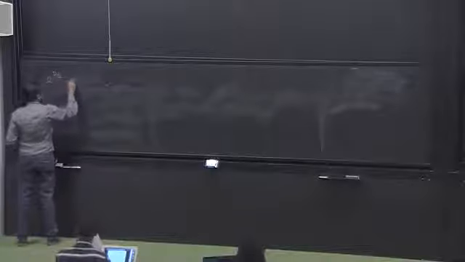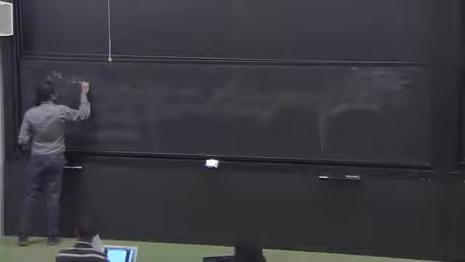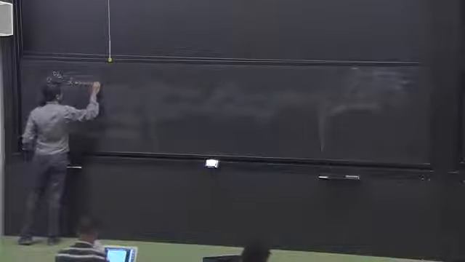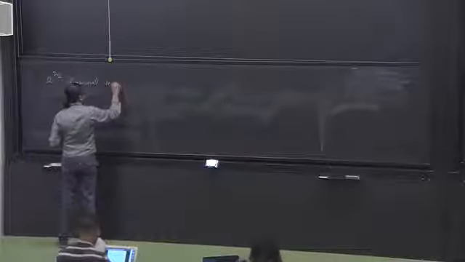So we have a 2 to the power d by 2 dimensional vector space.